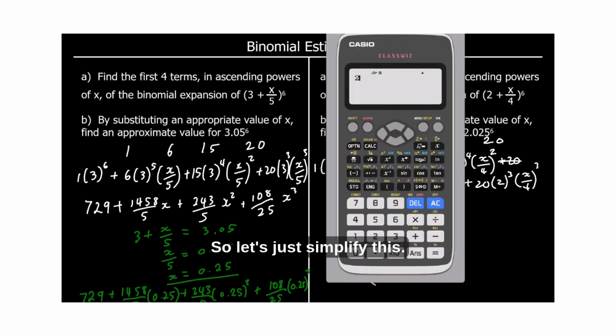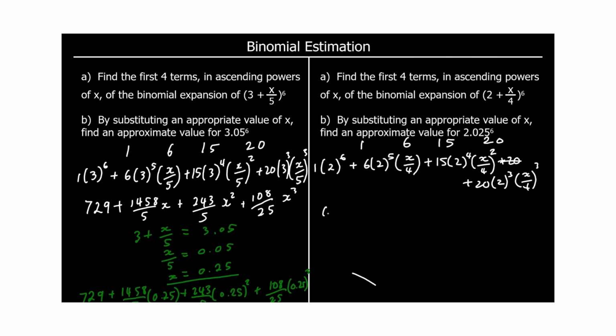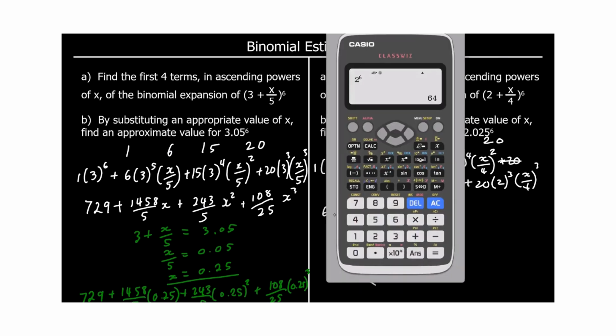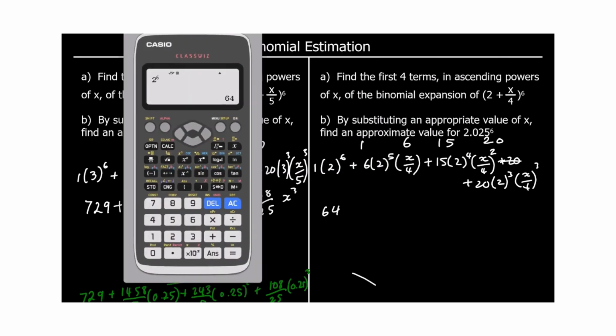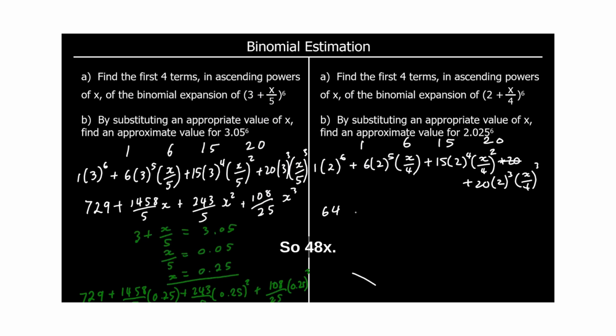So let's just simplify this. 2 to the power of 6 is 64. Six times 2 to the power of 5 times 1/4 is 48, so 48x.